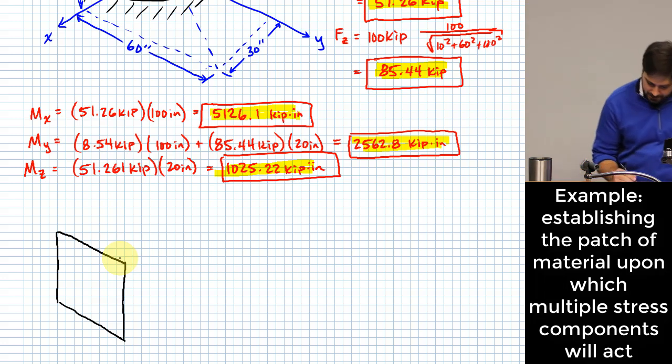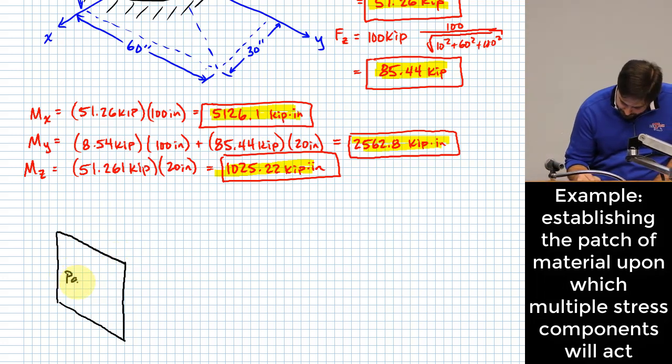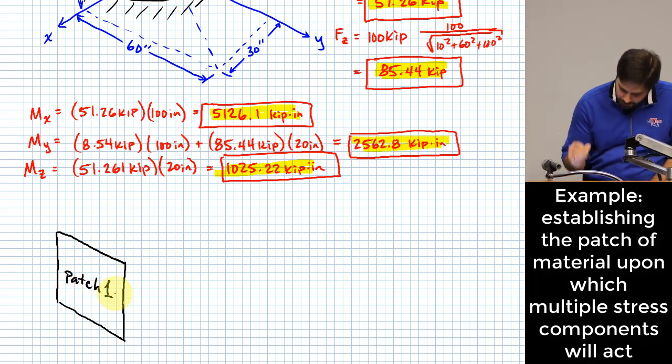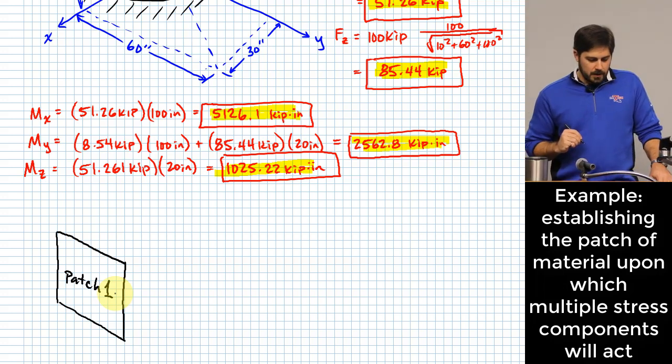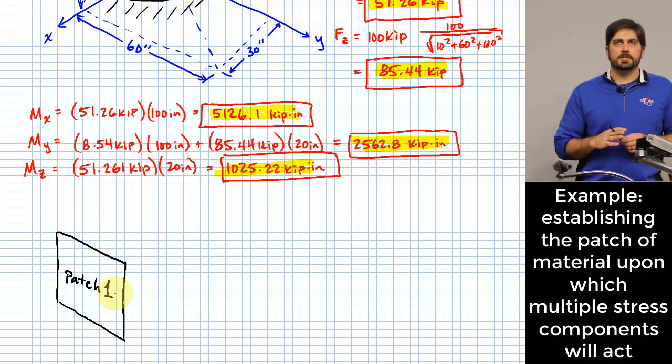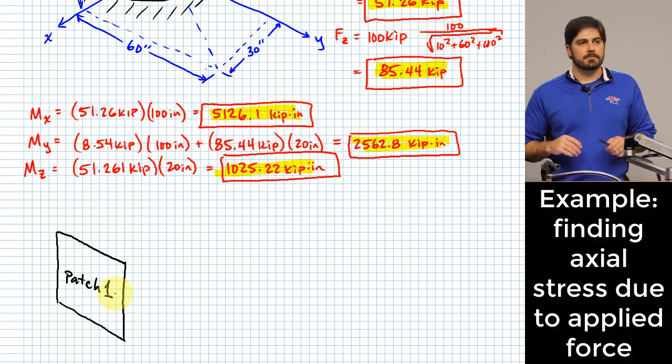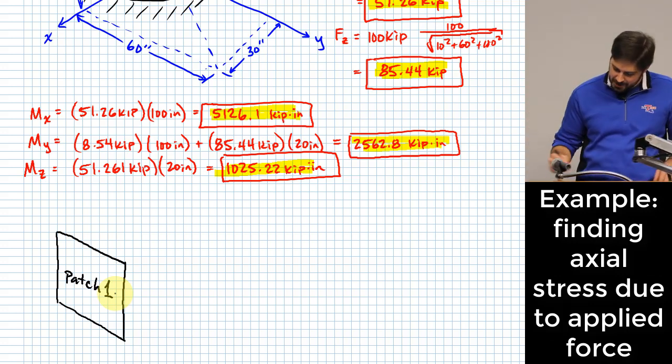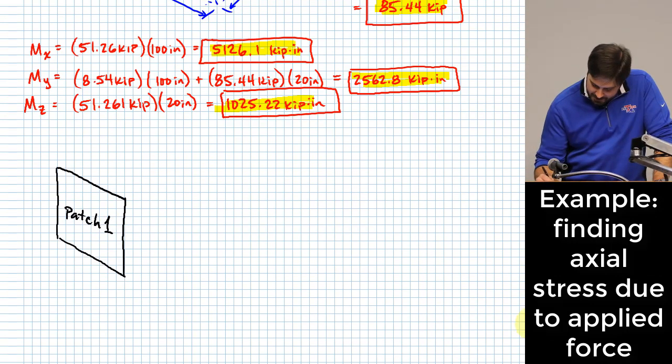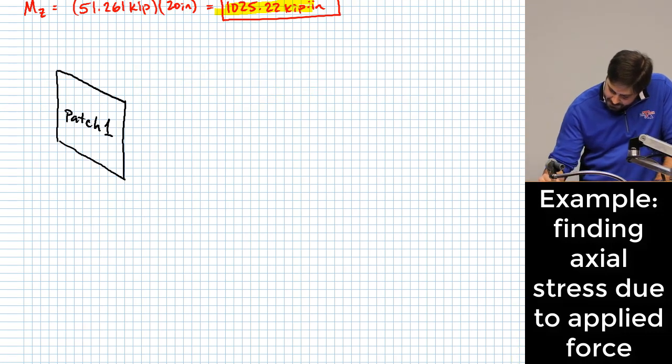Okay, so this is patch 1. All right, which components of stress would you like to start with? Okay, axial stress in the Z. That one's easy, right? So I'll do down here axial stress.